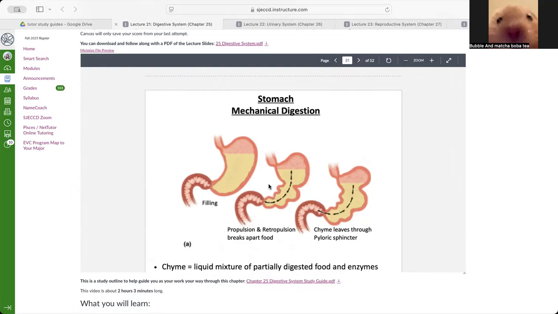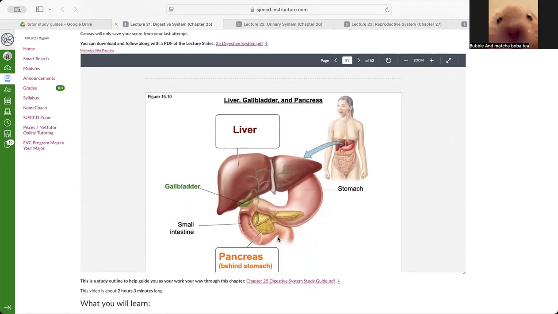So basically, the propulsion moves the food back and forth, and then it becomes a liquid. It's just here, making it become liquid, and then it goes down.